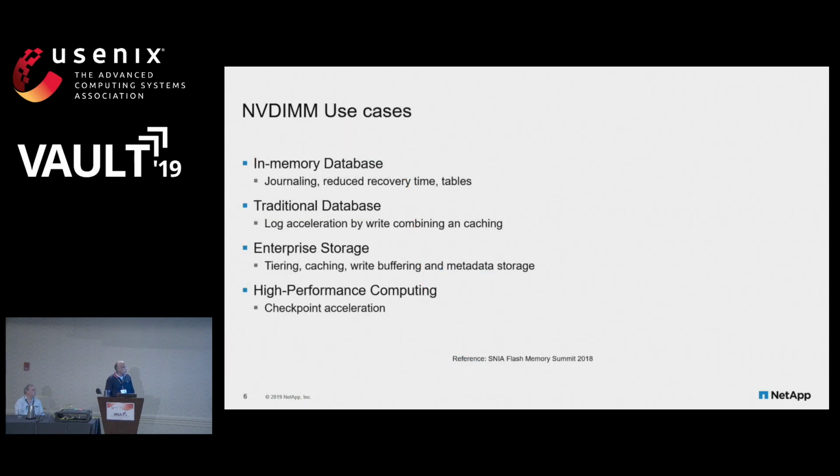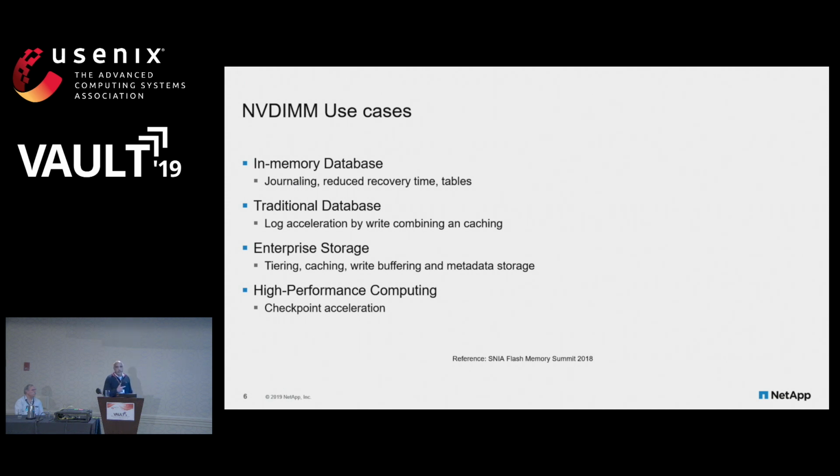So what are the use cases? Traditionally, databases used log acceleration, for which we needed some kind of caching layer. For in-memory databases, journaling is the main thing that requires these kinds of devices, and it offers reduced recovery time.